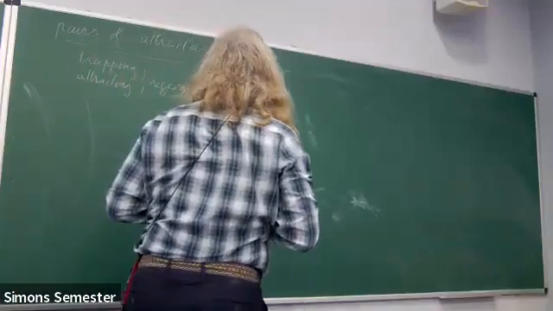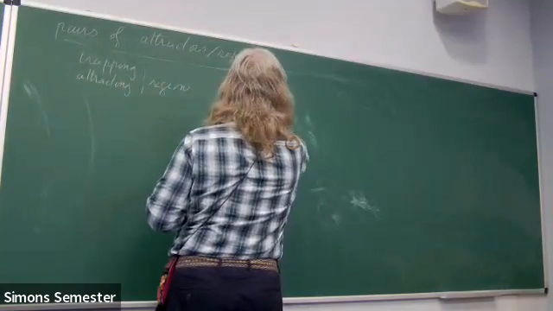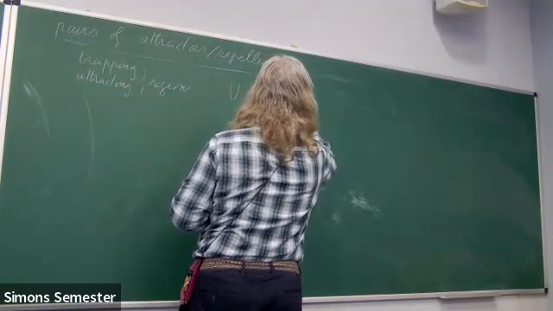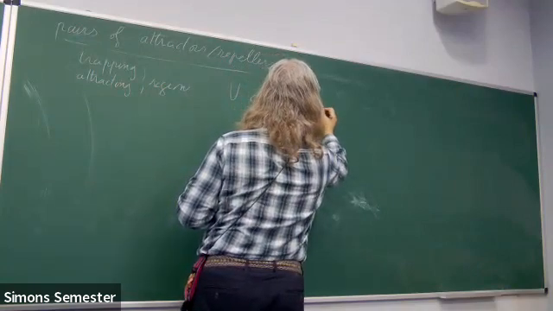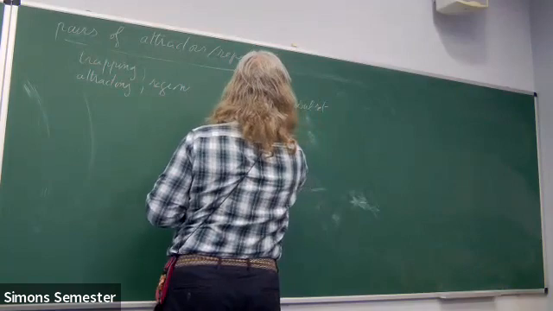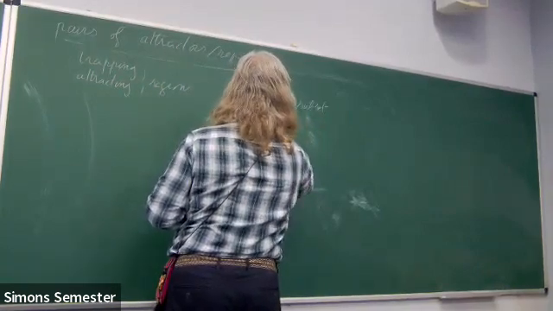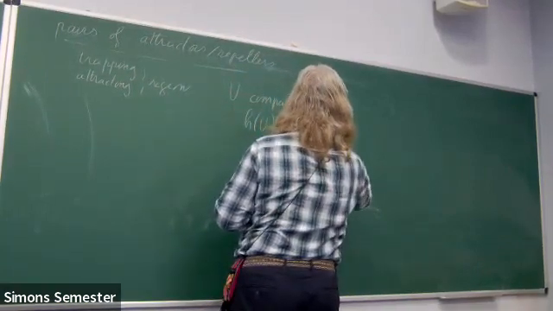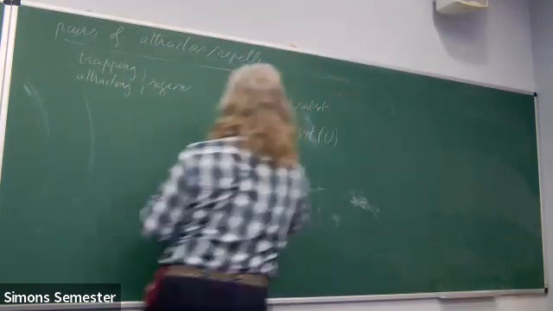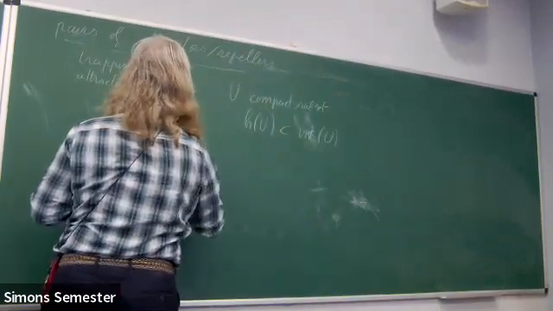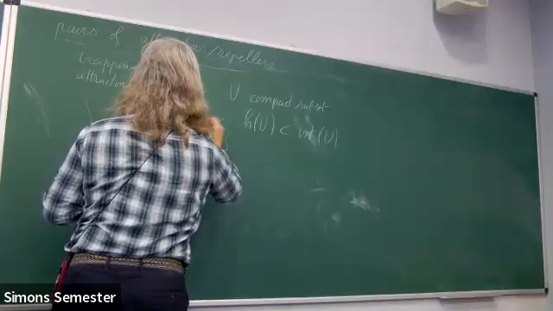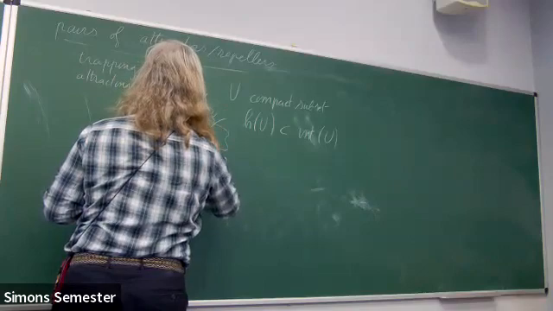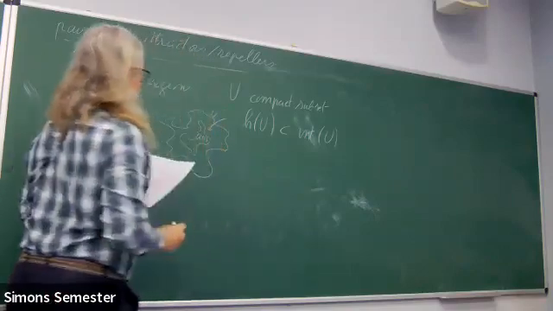So I will take U a compact subset so that H of U is contained in the interior of U. So you have U and H of U has to be inside.